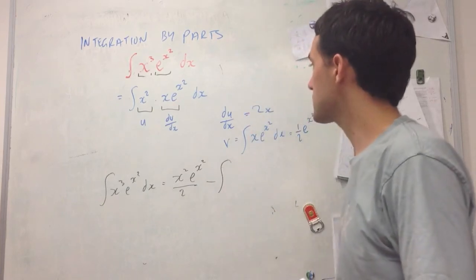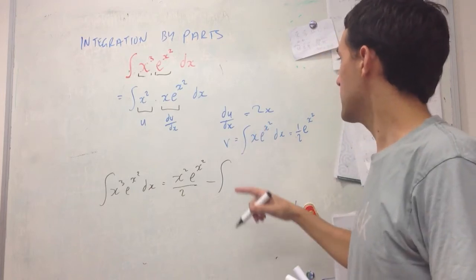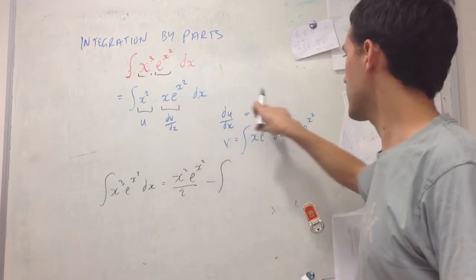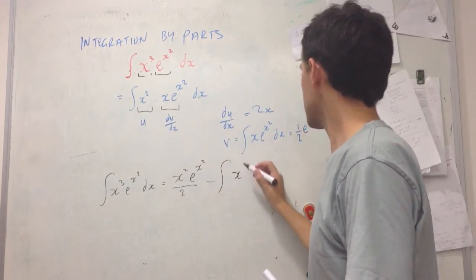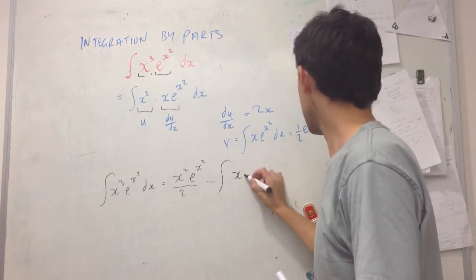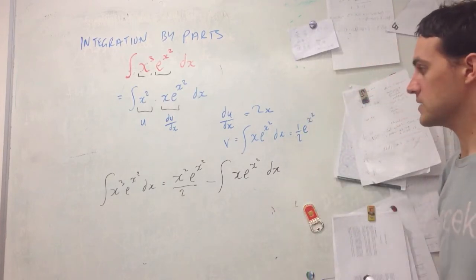minus the integral of the other elements put together. So I now want u dv dx, and I want this multiplied by this, and again, because it's 2x times a half, the 2's cancel, I get x e to the x squared dx, which I can actually integrate.